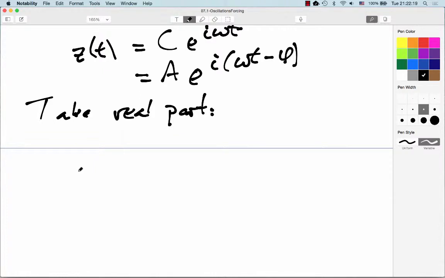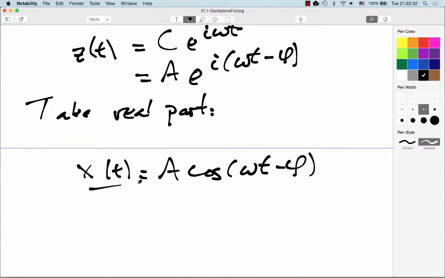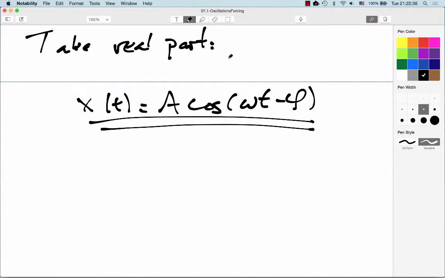And we get x of t equals A, and the real part of this from the Euler identity will be cosine of omega t minus phi. Yes, that is our particular solution.